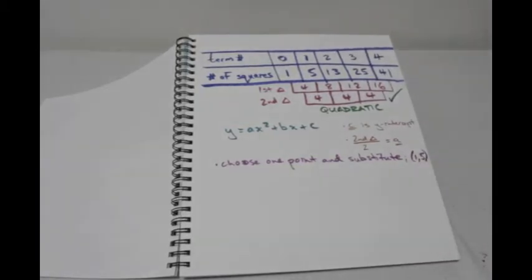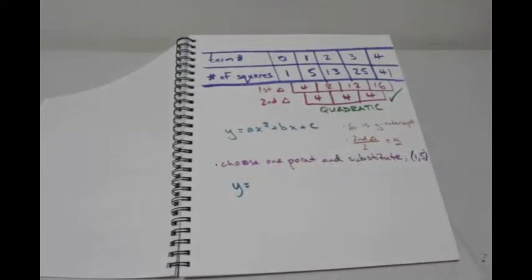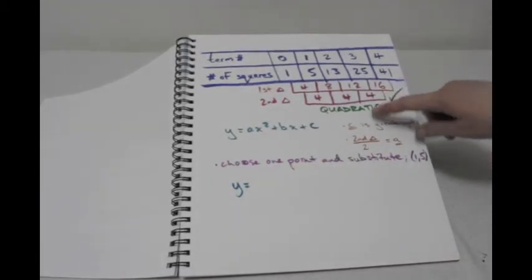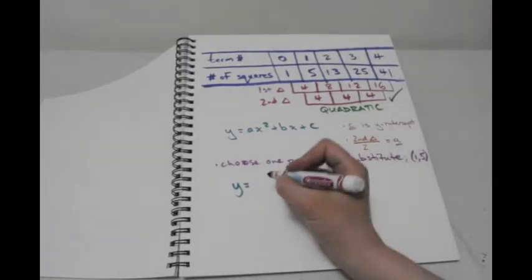Doesn't matter which one you pick, they should all work. So here we go. We have y equals, okay, our a value. Second difference is 4. 4 divided by 2 is 2. So I'm going to put a 2 there.